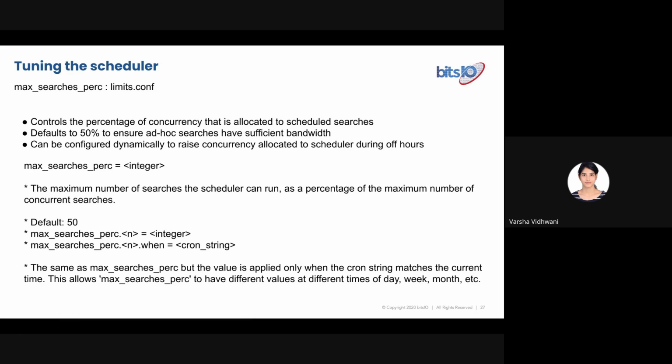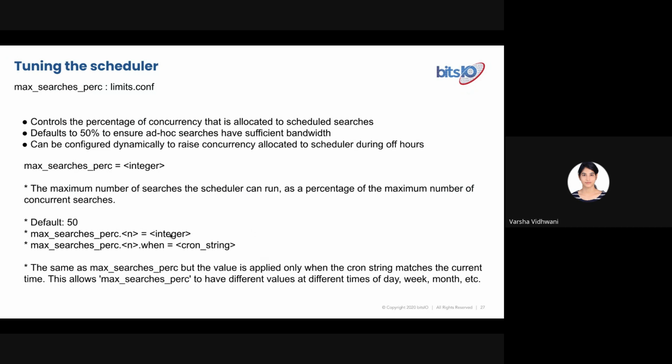Splunk also allows time-based overrides using these two settings. This lets you specify different values at different times. For example, one value during the business hours and another value during the weekends. You can put it here. The scheduler will check this cron schedule string, and if it matches the current time, it applies that specific setting.